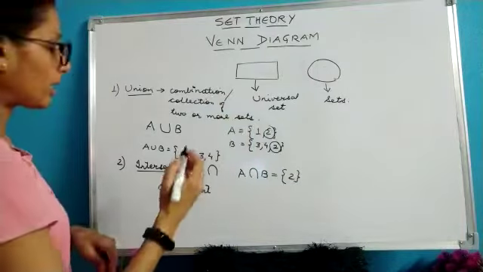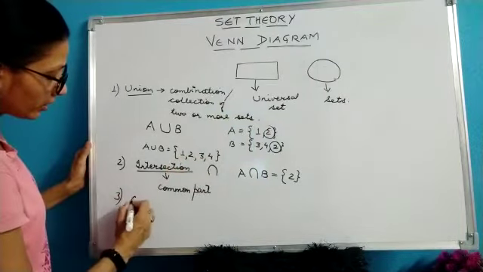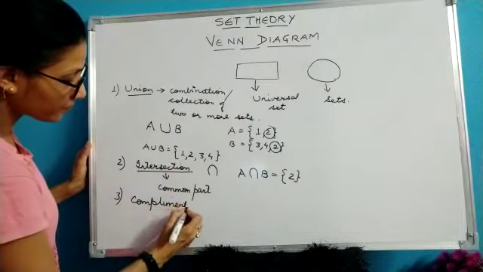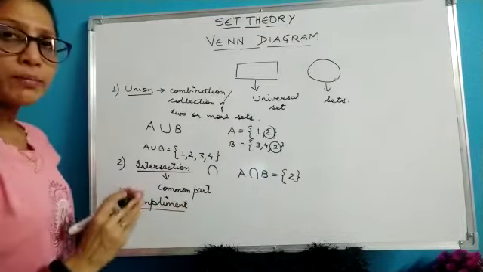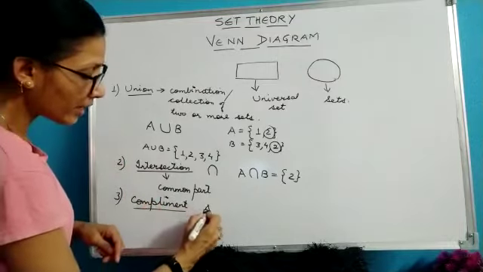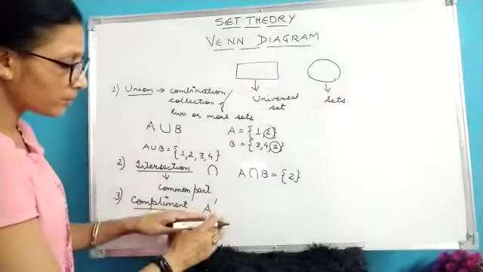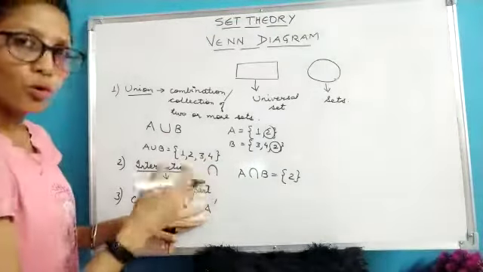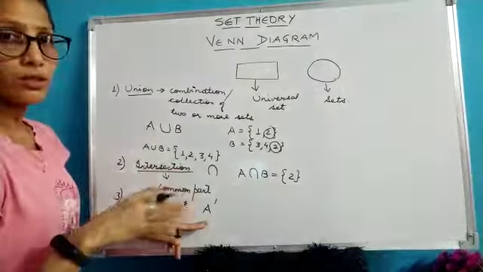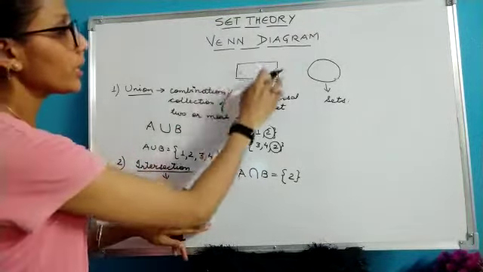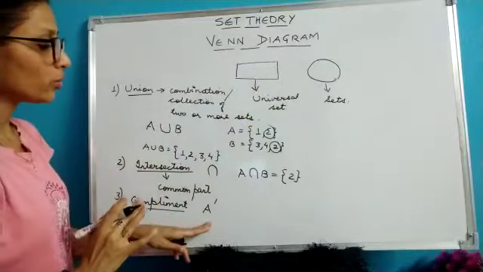Then children, I have one more terminology, that is complement. Complement means excluding that value. If I write A complement, it means leave the elements of A and write down all other elements of the universal set.